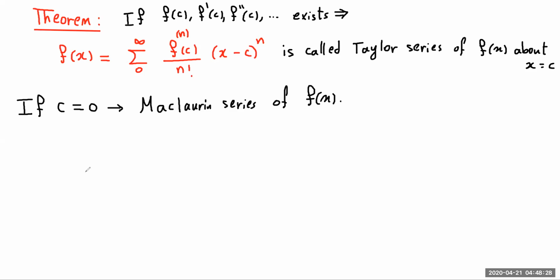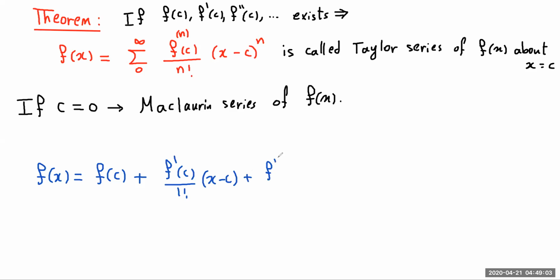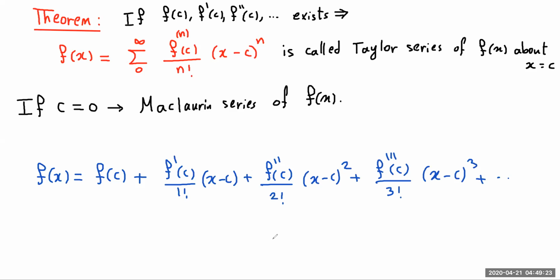So if you write f in details, f(x) will be, if I give n equals 0, the derivative 0 times of the function f, so there is no derivative, it's f at the number c divided by 0 factorial, which is 1, times (x minus c) power 0, which is 1, plus, for n equals 1, the first derivative at c divided by 1 factorial times (x minus c), plus the second derivative at c divided by 2 factorial times (x minus c) power 2, plus the third derivative at c over 3 factorial, I give n equals 3 in this formula, times (x minus c) power 3, like this without the stop.